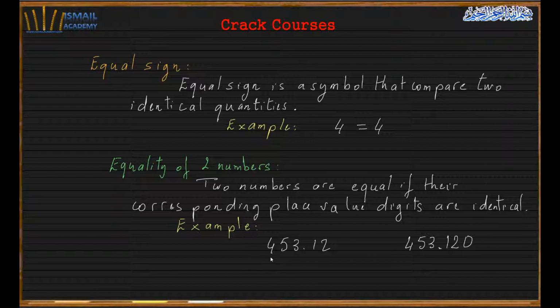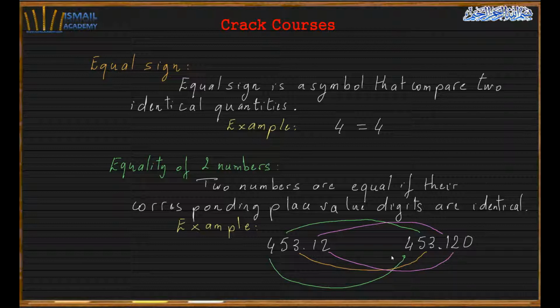I have 4 in the hundreds place here, so I check if I have 4 in the hundreds place here. Yes, they are equal. Then I check the tens, they are equal. Then the ones, they are equal. I keep checking: next the tenths, they are equal. Then the hundredths, they are equal.